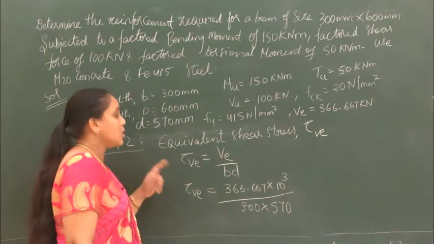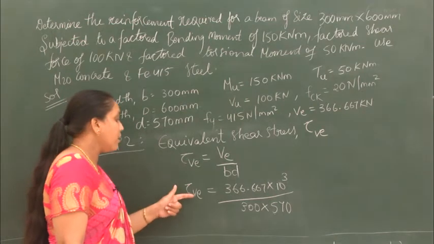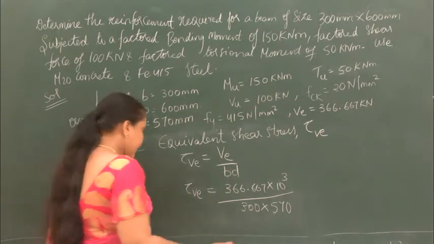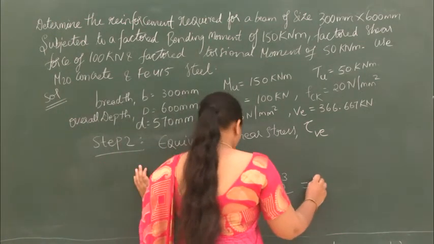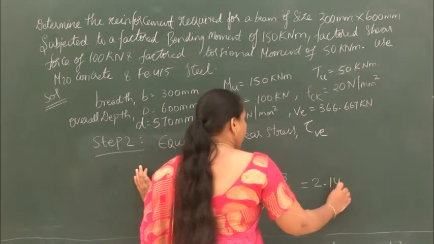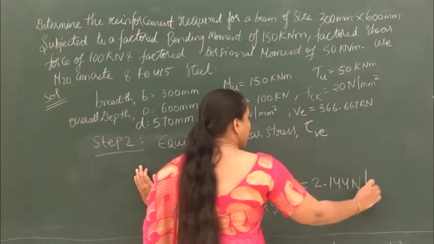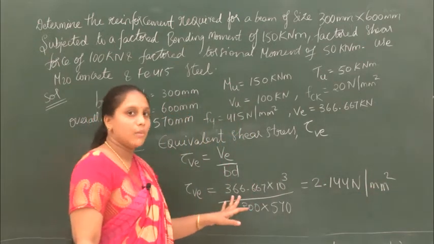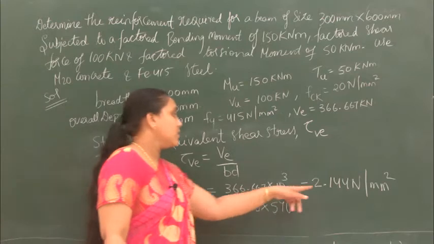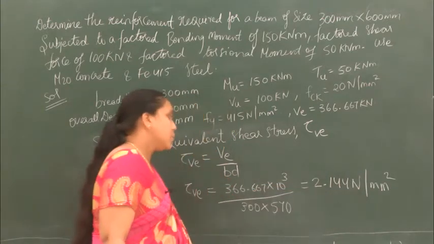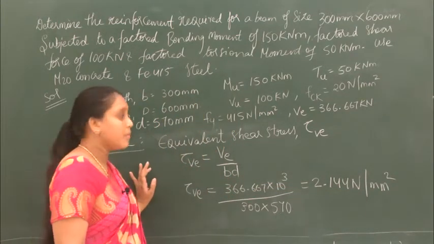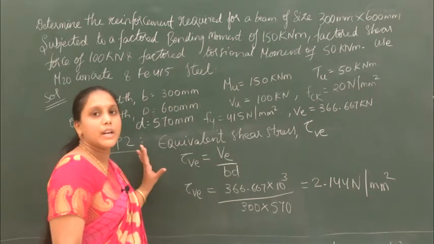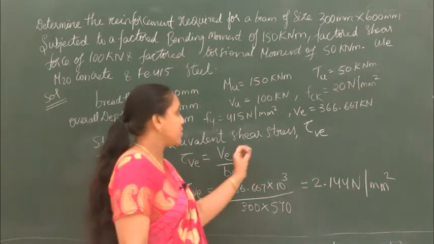So calculate this and you will get the value of tau VE as 2.144 Newton per mm square. So now we have calculated the equivalent shear stress tau VE.